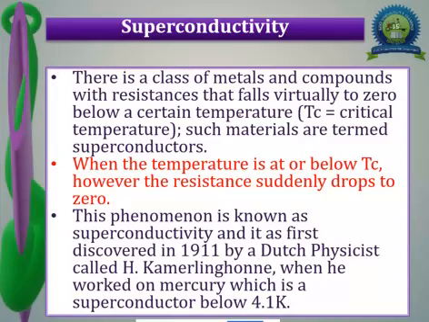And that temperature is called the critical temperature. This phenomenon, known as superconductivity, was first discovered in 1911 by a Dutch physicist called H. Kamerlingh Onnes when he worked on mercury, which is a superconductor below 4.1 Kelvin. You know that's an extremely low temperature.